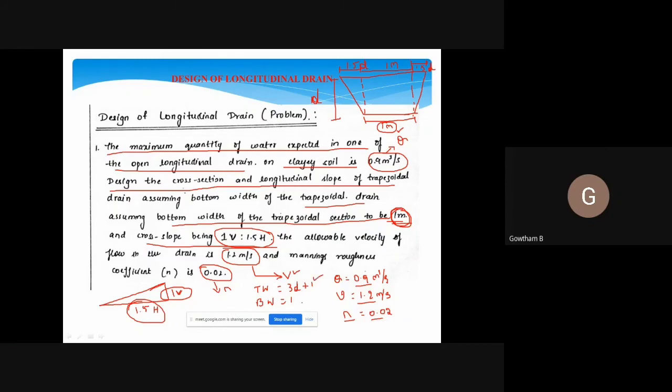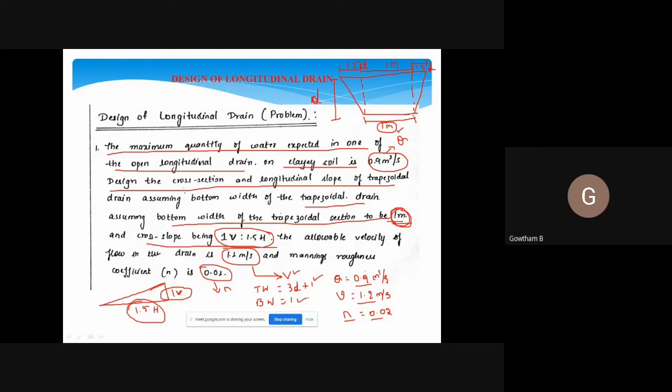You require this expression to solve the problem, or to do the design of this longitudinal drain. Okay, I hope all of you understood how we have written the data in the diagram, converting the problem data into diagram data.